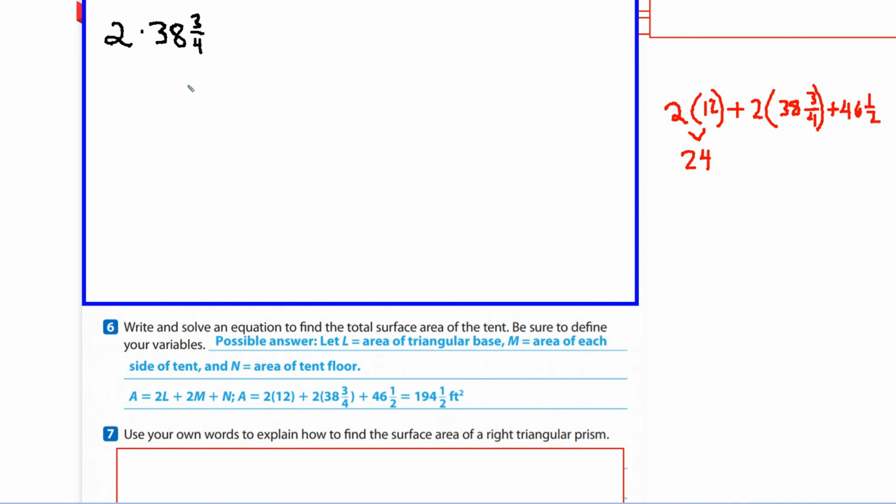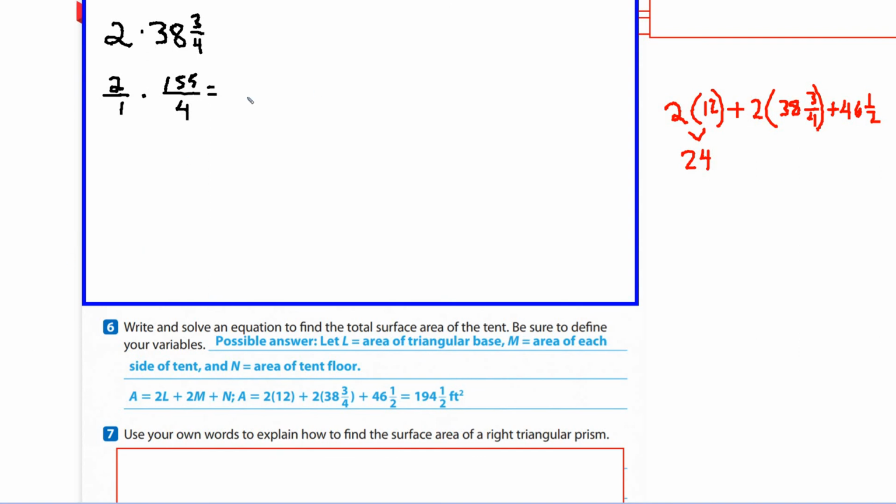There's multiple ways of solving it, but one way is to make this an improper fraction, and also the 2. So you can do 2 over 1 times, now you have to make this an improper fraction. For those who forgot, you do 38 times 4 plus 3. So 38 times 4 is 152, plus 3 is 155. So this is equivalent to 155 over 4.